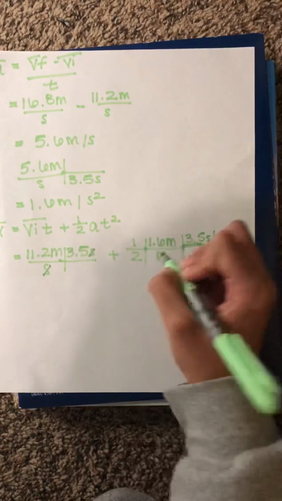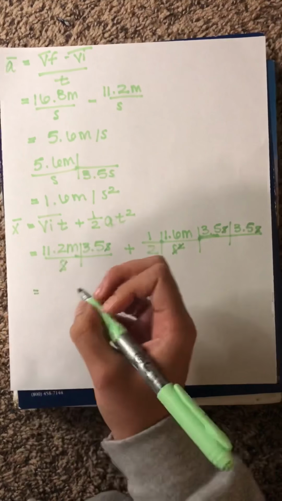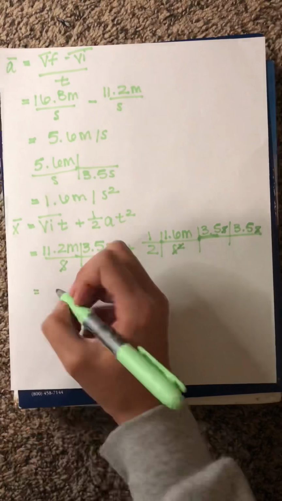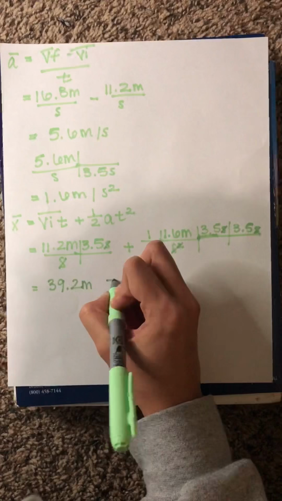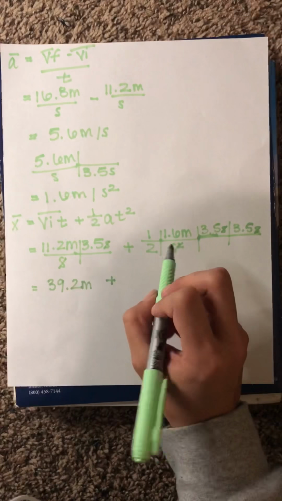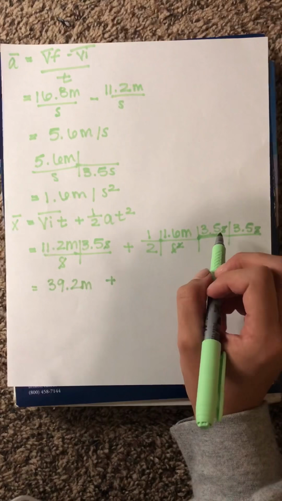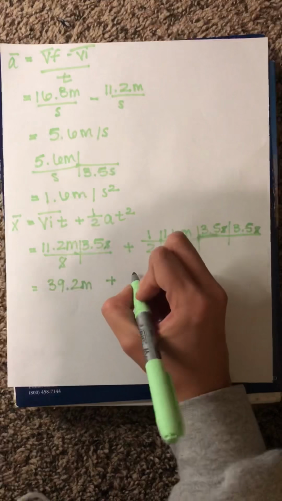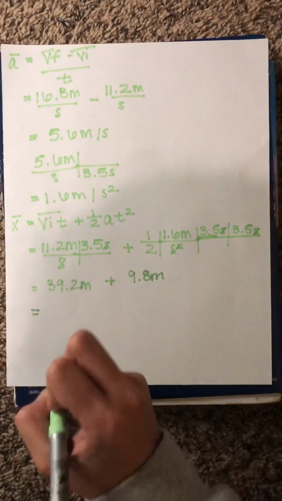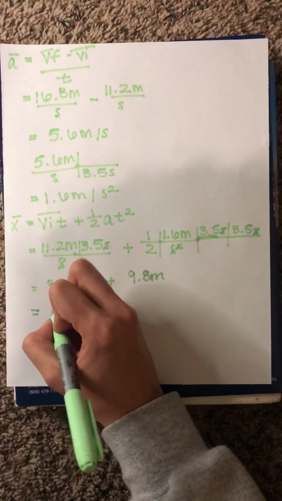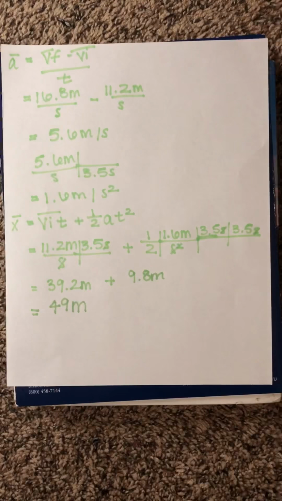We can cancel and cross out the units, which leaves us with 11.2 times 3.5, which equals 39.2 meters. And the 1.6 times 3.5 squared divided by 2 equals 9.8 meters. When we add, we get a total displacement of 49 meters for go-kart number 2.